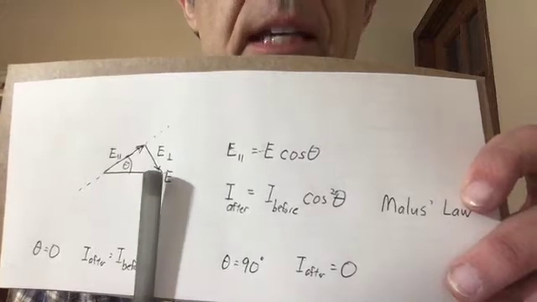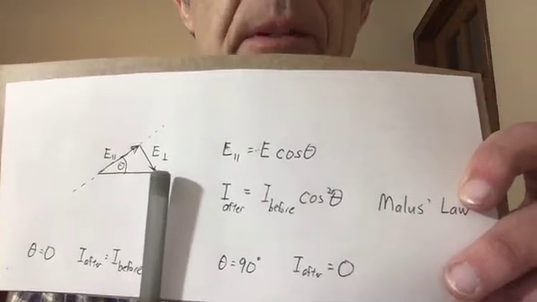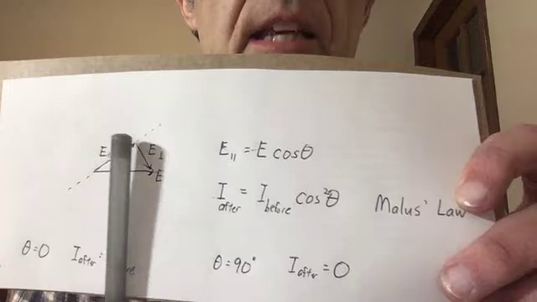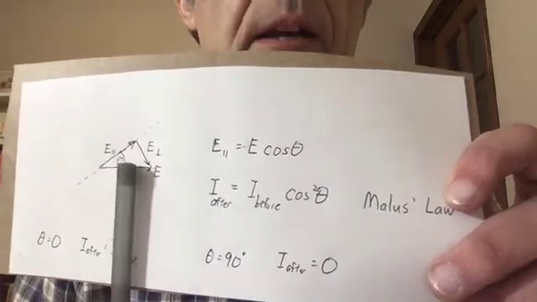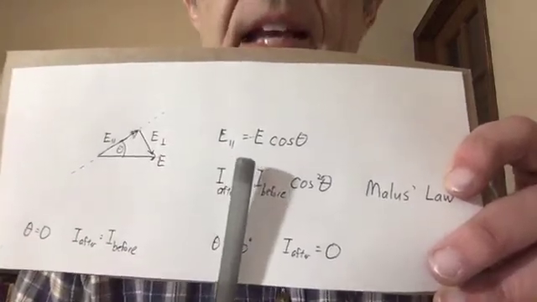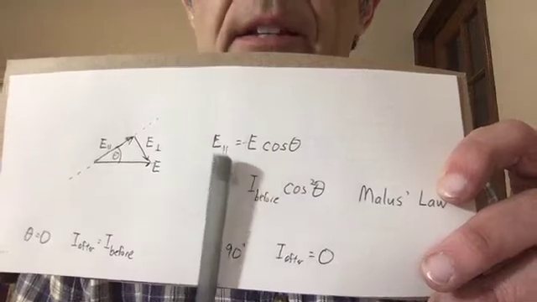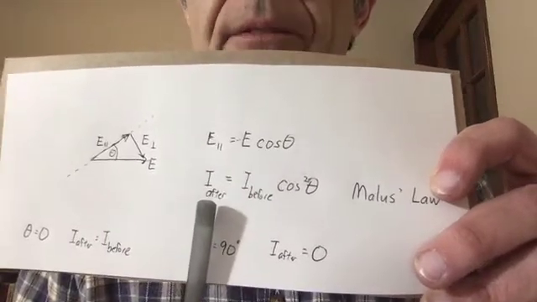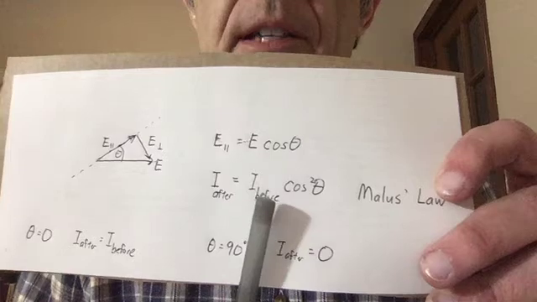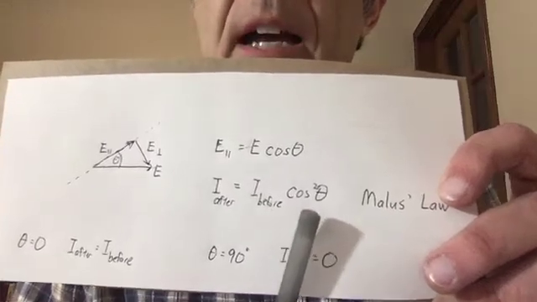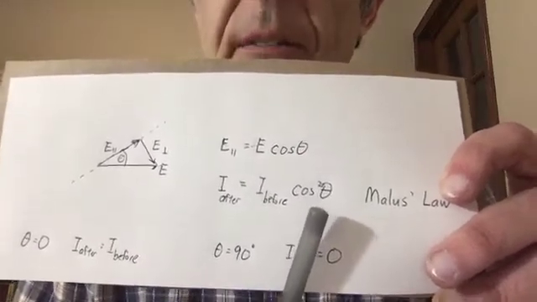So after it goes through the second polarizer, this perpendicular component is gone, and you just have E parallel. The intensity is the square of this, which gives you the intensity after the polarizer equal to the intensity before times cosine squared of theta.